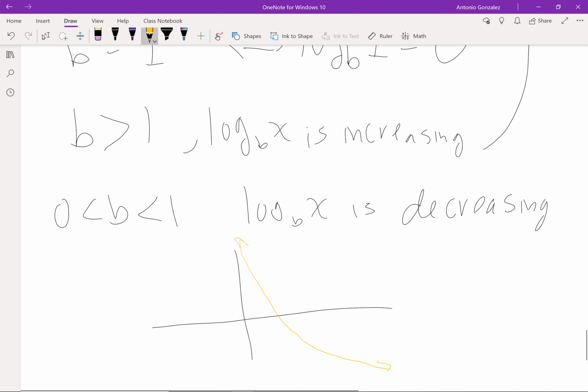Now we went over the basics of log base b of x. So now let's look at some general calculations, regular derivatives and integrals.